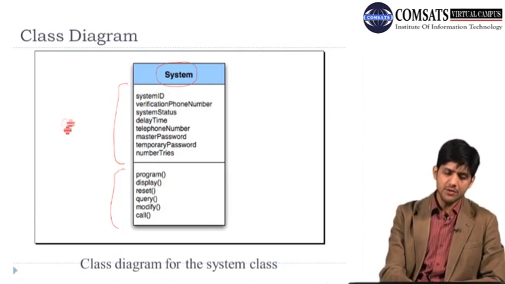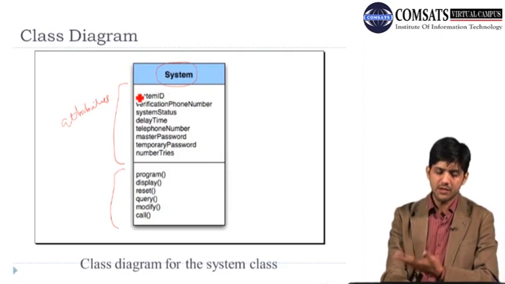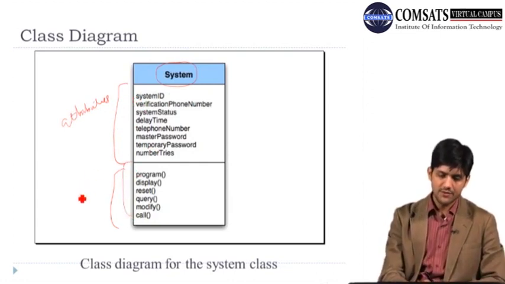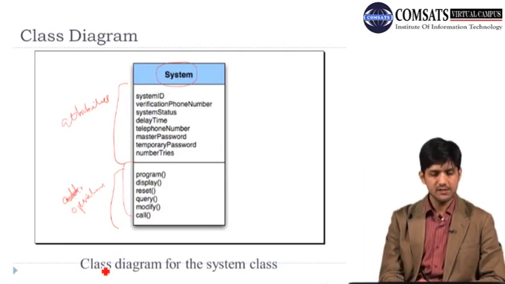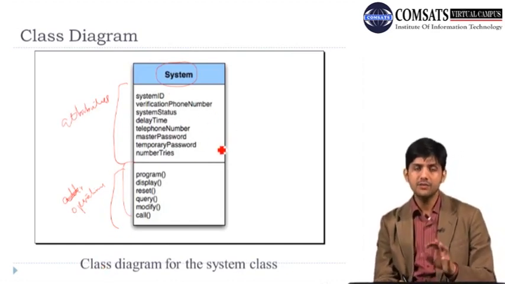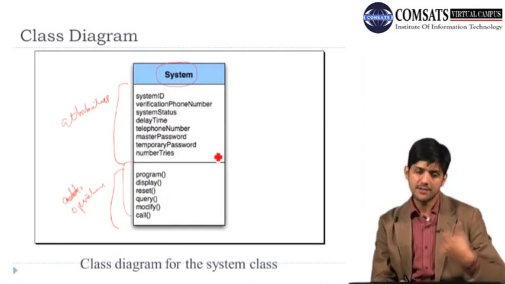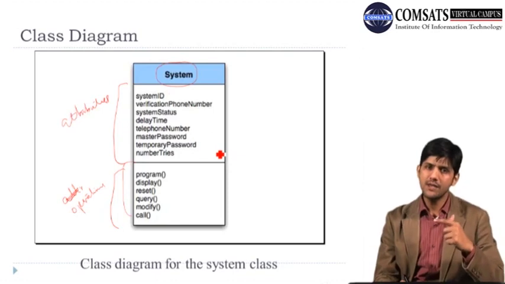It has some attributes, and as we said, a domain class should have multiple attributes. And it needs some services. Every instance of the system class would need all these services, and these services are different operations. So we have different operations as well, and different instances would have some common attributes and some common operations. So this is our class, and we have already seen how we came up with a class.